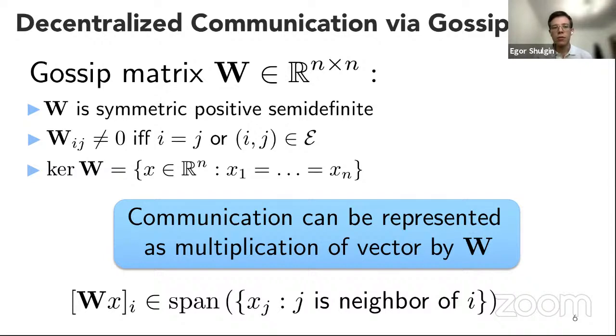This can be checked very easily by hand. This gossip matrix usually encodes the topology of the network, and one of the typical choices for this matrix W is just the graph Laplacian of our network.